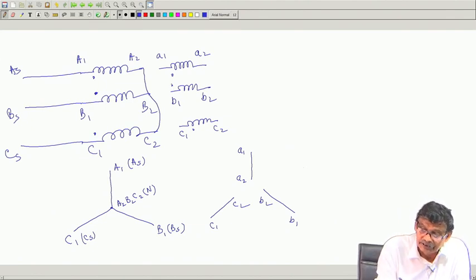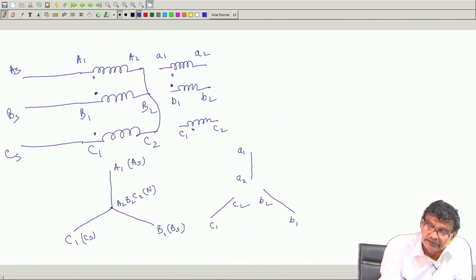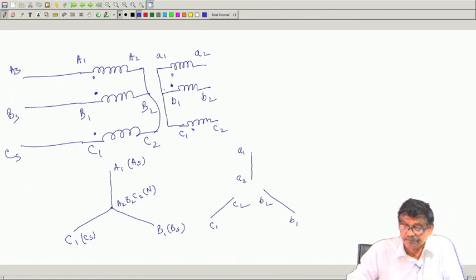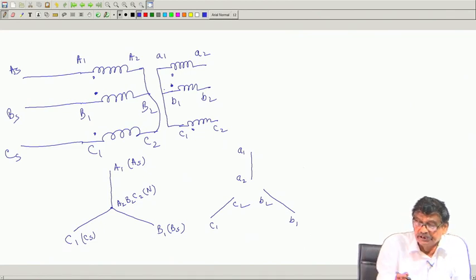Now, suppose somebody says I will connect the secondary coils in star, but this time I will join it like this. I will short A1, B1, C1. Okay, I will short it.